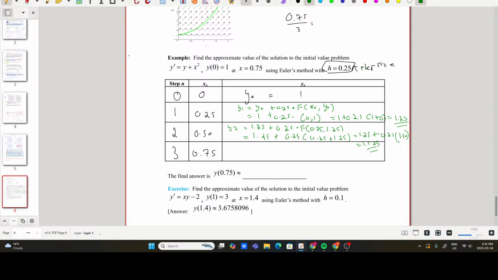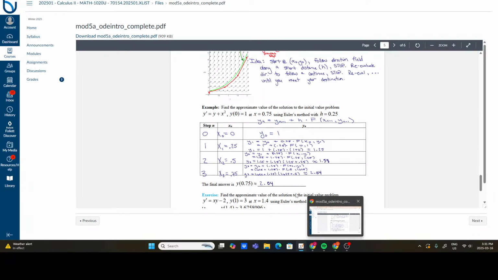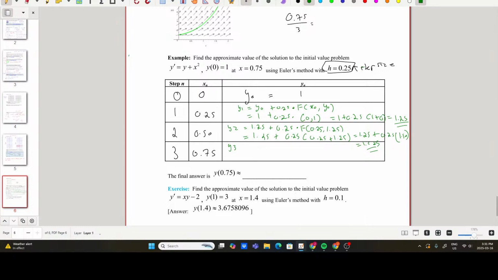Now for y3 equals, so whatever I got before, 1.625 plus 0.25 times my new increments, which is just going to increment this by 0.25 as well.